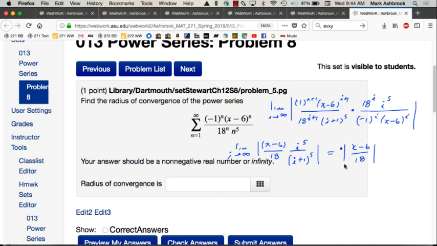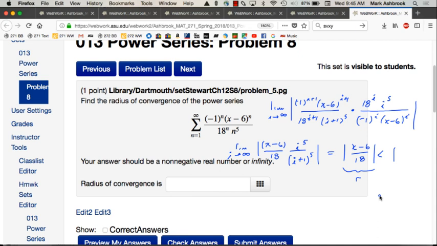Okay, so in order for this thing to converge, we know in the ratio test, whatever we get for the limit has to be less than 1, right? What is this thing, essentially, in the ratio test? Remember what the ratio test is about? Is it becoming a geometric series? So this thing is like the value of r in a geometric series.